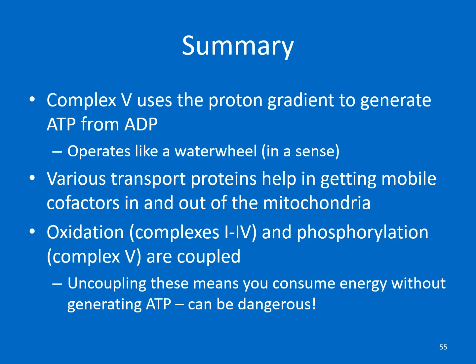There are various transport proteins that help in getting these mobile cofactors in and out of the mitochondria. Oxidation, which is the first 4 complexes, and phosphorylation, which is complex 5, are coupled. You can't have one without the other in a normal cell. If you uncouple these, that means you consume energy without generating any ATP.